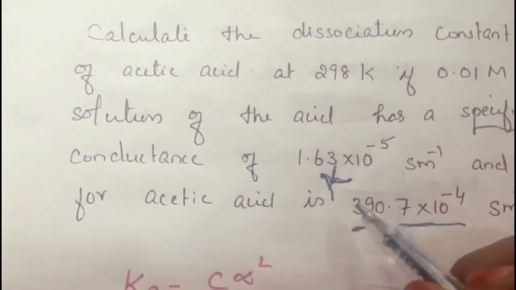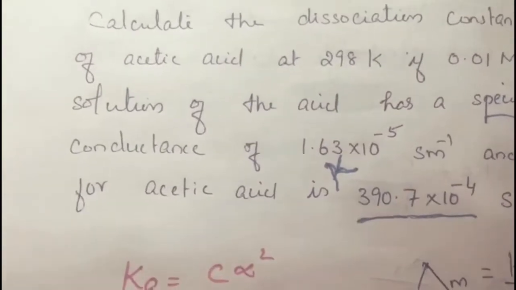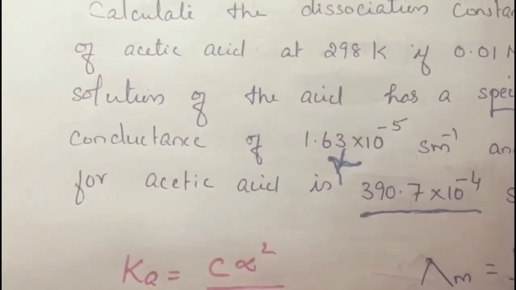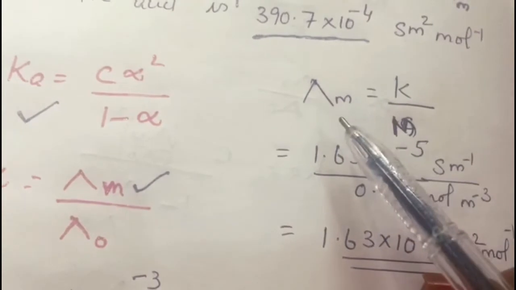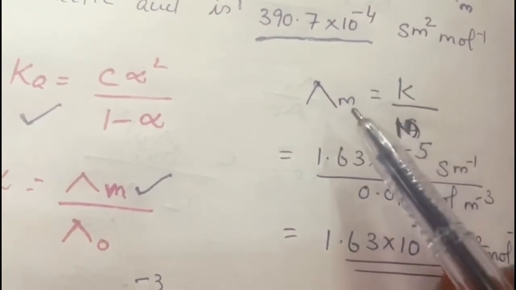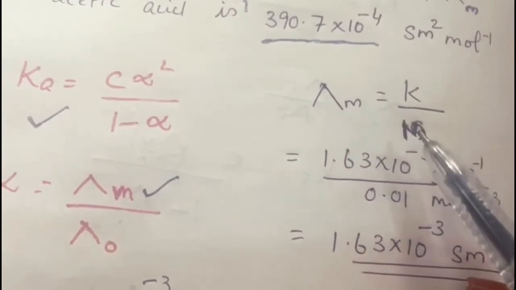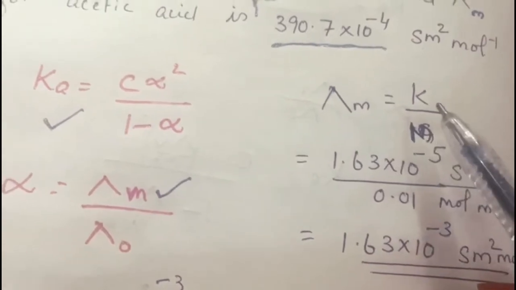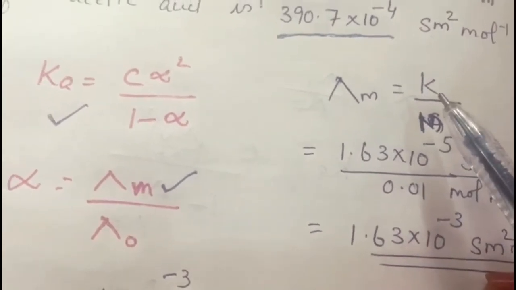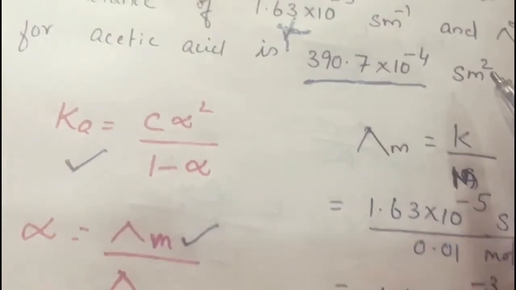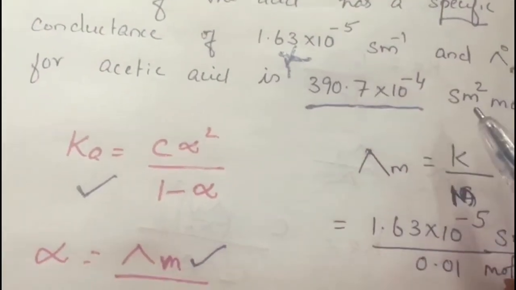So we should know the relation between molar conductance and specific conductance. For finding the molar conductance, the equation is lambda m equal to K by C, where C is the concentration and K is the specific conductance. Here it is given in Siemens per meter and Siemens meter square.